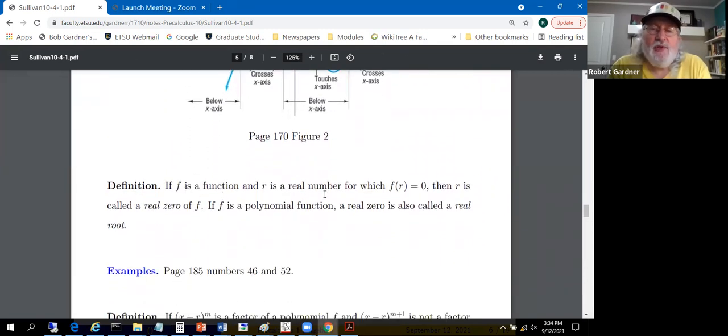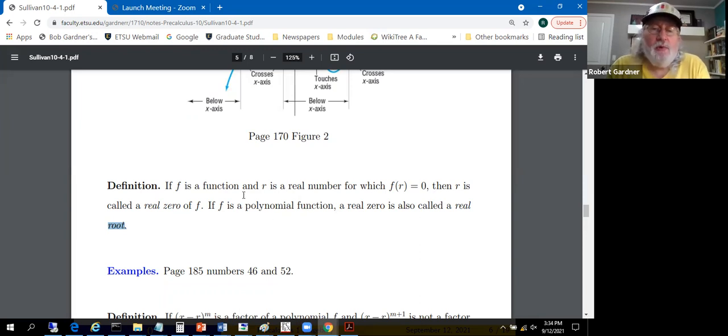If f is a function and r is a real number such that f of r equals 0, then r is called a real zero of function f. If f is a polynomial function, a real zero is sometimes called a real root. So you might speak of roots of polynomials or zeros of polynomials.